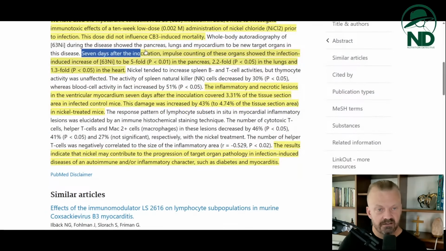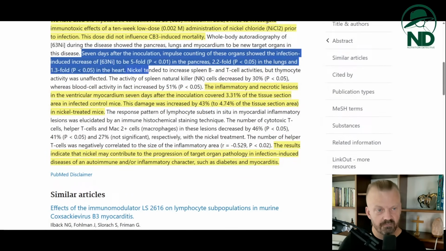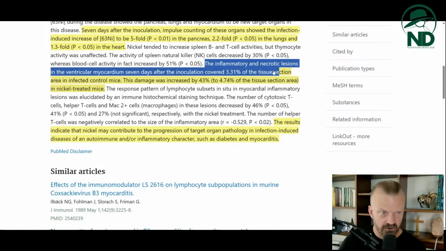7 days after the inoculation, impulse counting of these organs showed the infection-induced increase of nickel to be 5 times higher in the pancreas, 2.2 times higher in the lungs, and 1.3 times higher in the heart. Inflammatory and necrotic, as in tissue death, lesions in the ventricular myocardium 7 days after the inoculation covered 3.31% of the tissue section area in infected control mice.